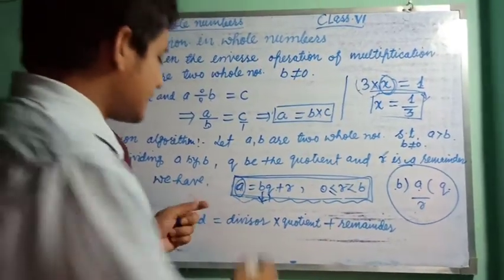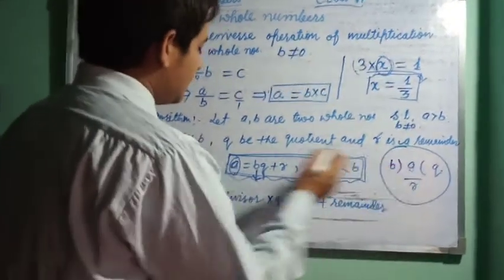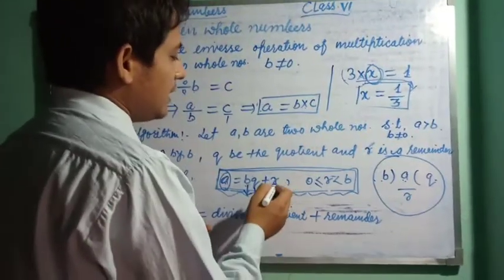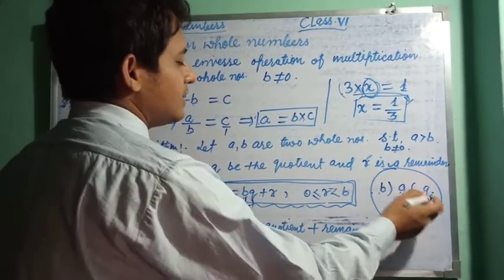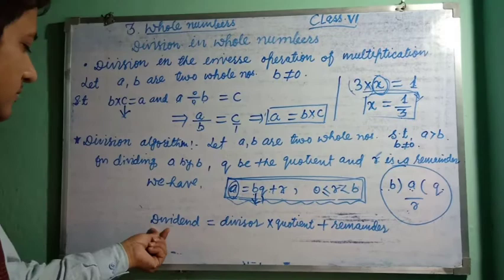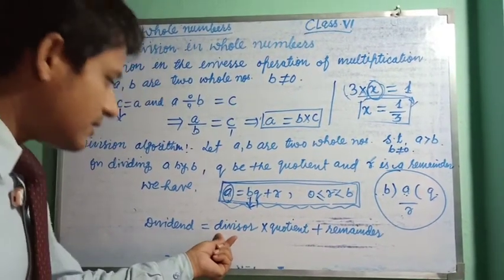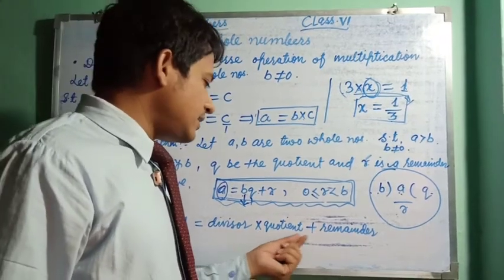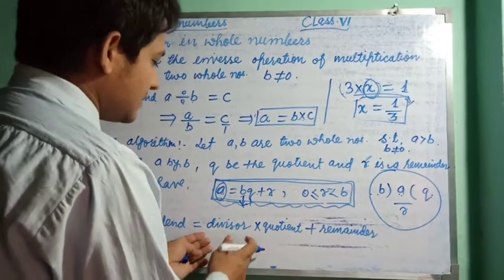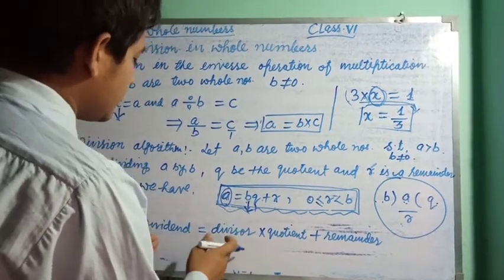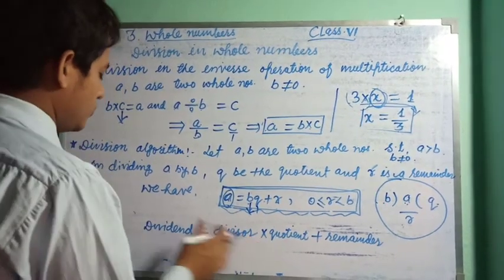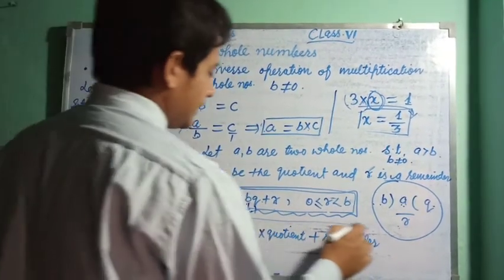Have a look: a is the dividend, b is the divisor, r is the remainder, and q is the quotient. So this formula comes from dividend is equal to divisor multiplied by quotient plus remainder. I hope you understand the points.